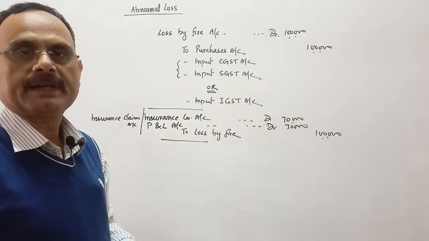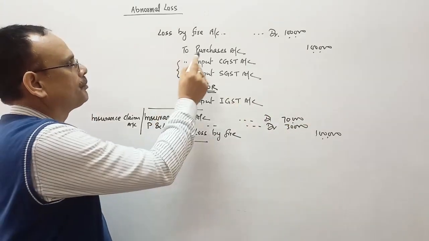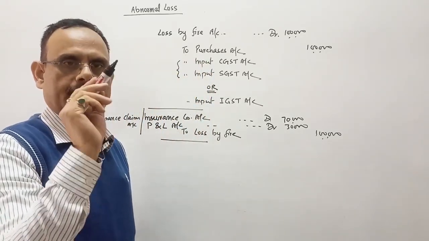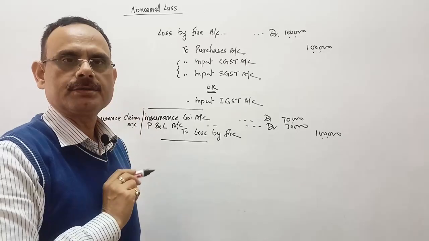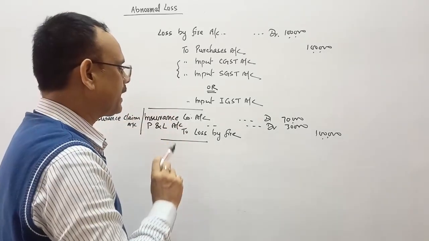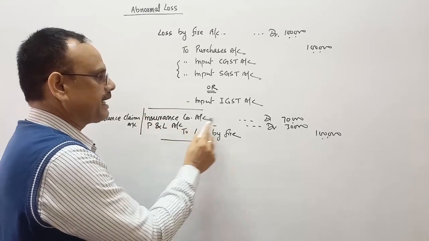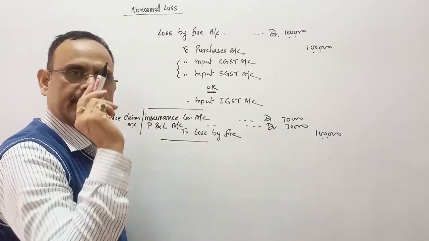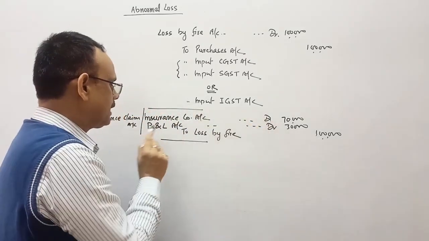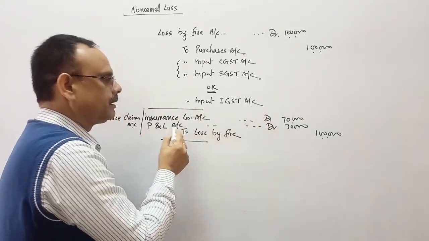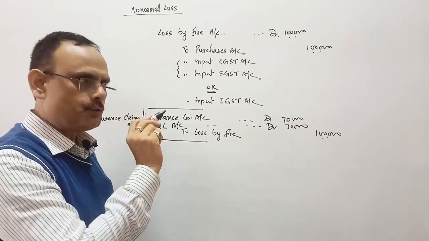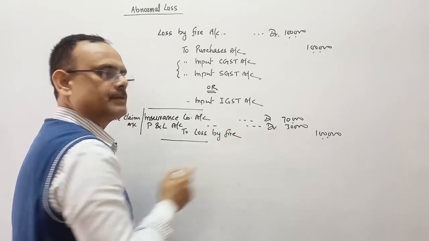So the treatment in the final account will be: in the trading account debit side, from purchase you deduct loss by fire 1 lakh. Balance sheet asset side, insurance company 70,000. And the loss will be shown in the profit and loss account debit side, to loss by fire 30,000.